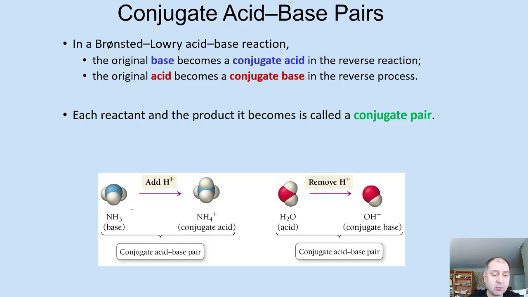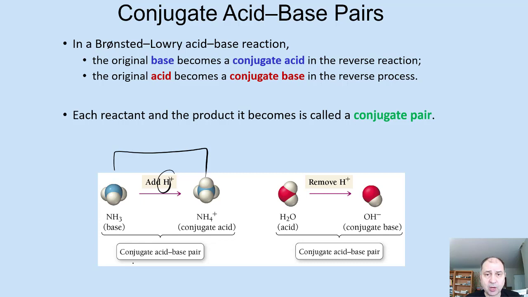If we look at ammonia, it is a base and it accepts a proton. It has an extra proton, so this is the conjugate. This is the base and conjugate acid pair, right? And if water in this particular reaction acts as the acid, it will donate the proton to the ammonia and turn into the conjugate base.